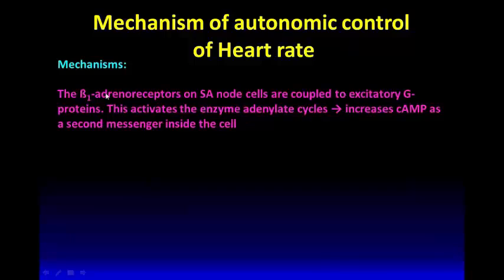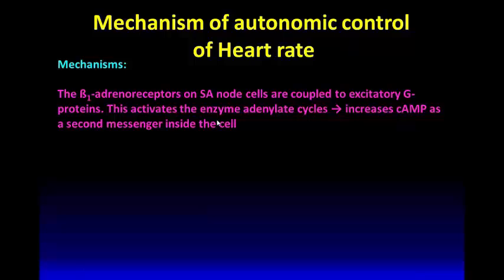The beta-1 adrenergic receptors on the sinoatrial nodal cells are coupled to an excitatory G protein. And when they bind to their adrenergic receptors, the catecholamines, norepinephrine and epinephrine, activate the excitatory G protein, and this results in activation of the enzyme adenylate or adenylyl cyclase in the plasma membrane.